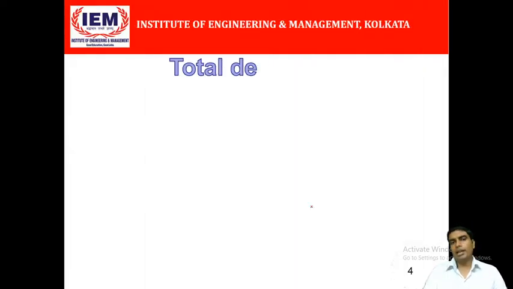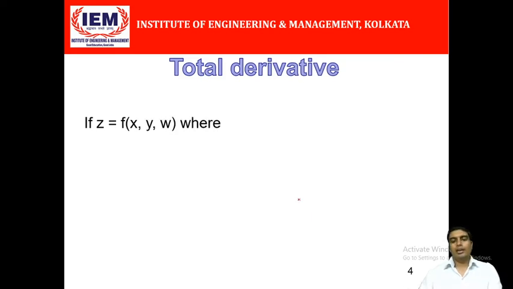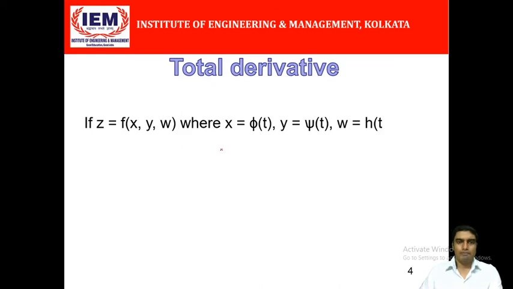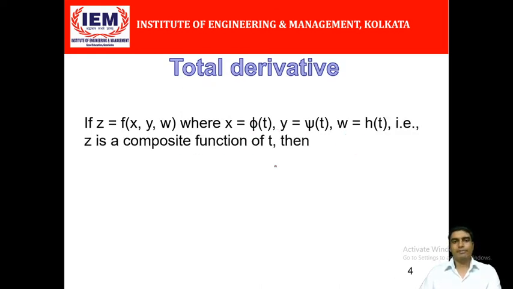Now if I generalize this, suppose we have a function z consisting of three independent variables x, y and w, and x is equal to phi t, y equal to psi t and w equal to chi t. Then you can similarly say it is a composite function of t, because if you replace x by phi t, y by psi t and w by chi t, then you will get z as a function of t.